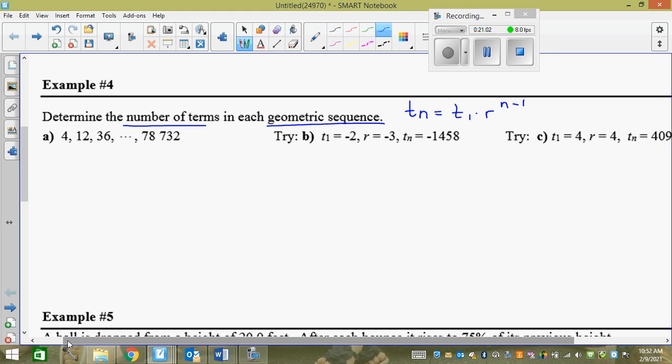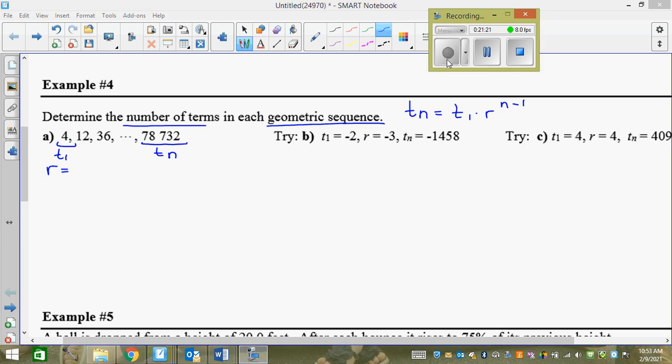So we know T1 is 4. We know Tn. How do we get r? 12 by 4. So we do 12 divided by 4. It should equal 36 divided by 12, right?